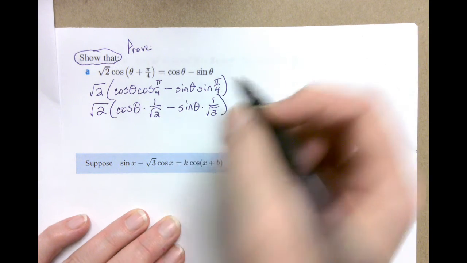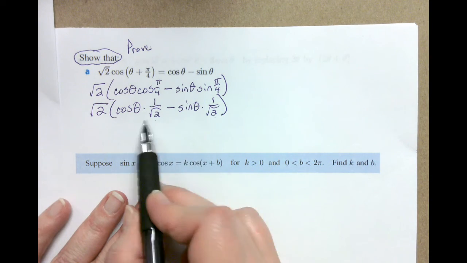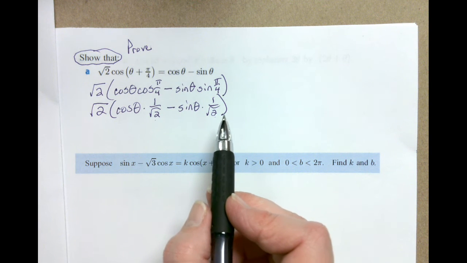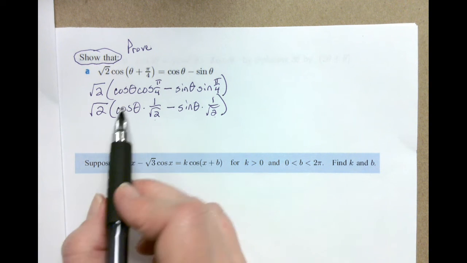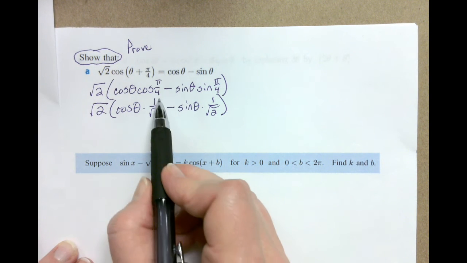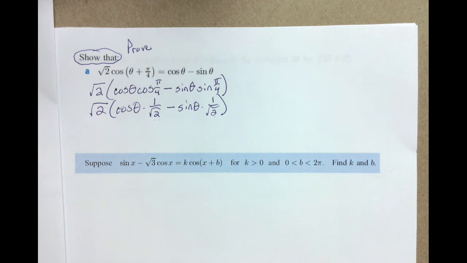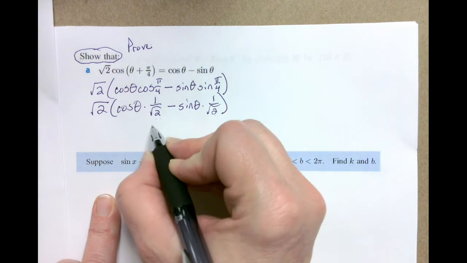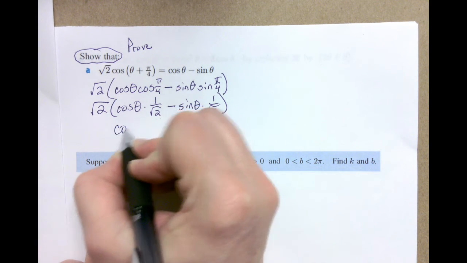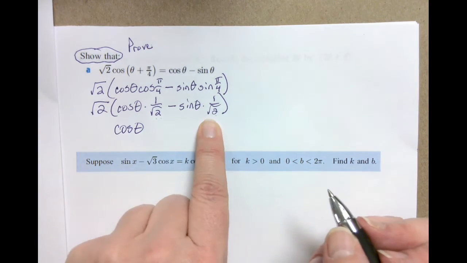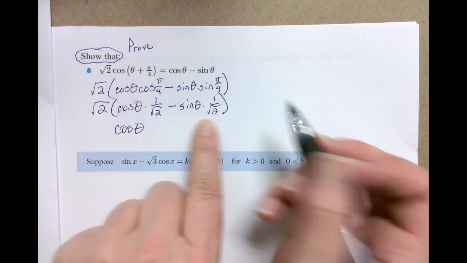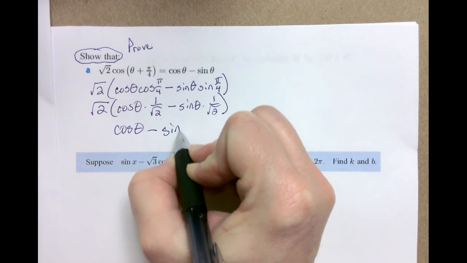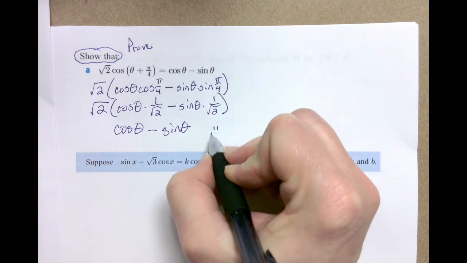He said, don't rationalize those like we did in another problem, because square root of 2 times 1 over square root of 2 will be 1. See? That cancels out with that, so that'll just be cosine theta. And this cancels out with that, and it'll be minus sine theta, and we are done.